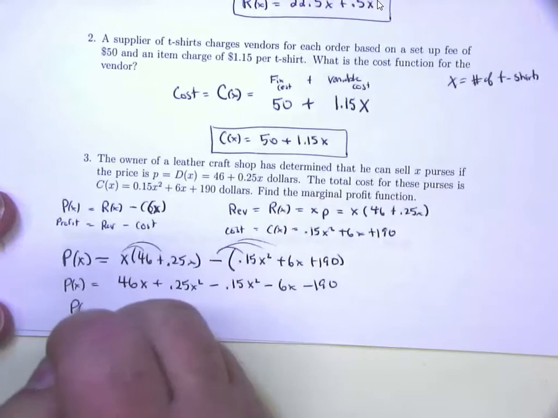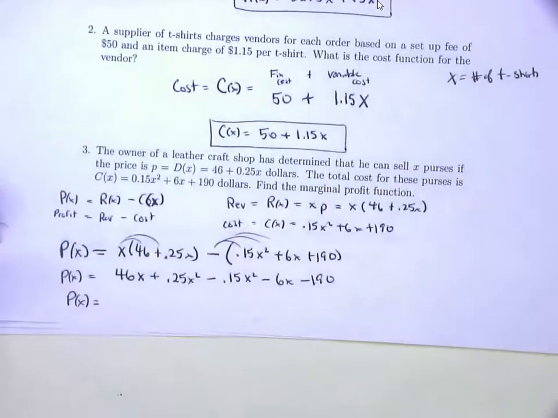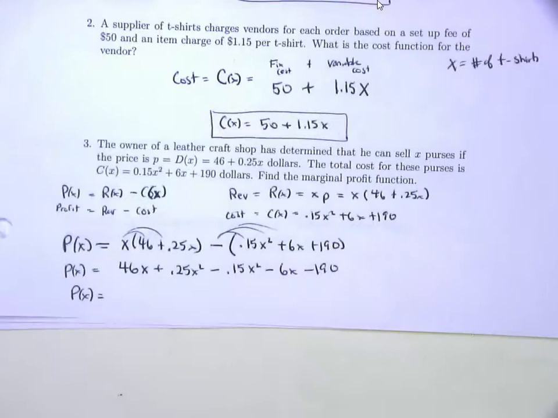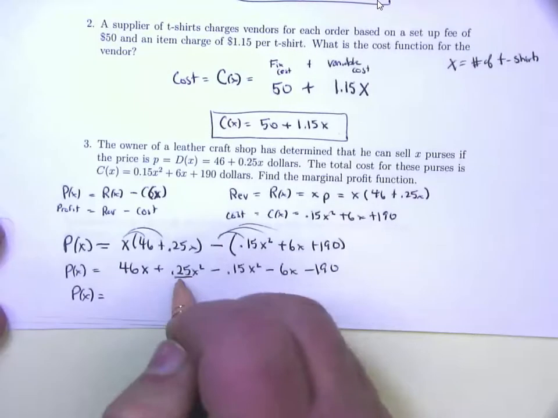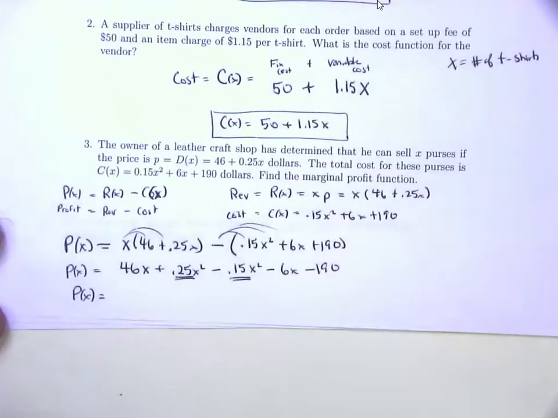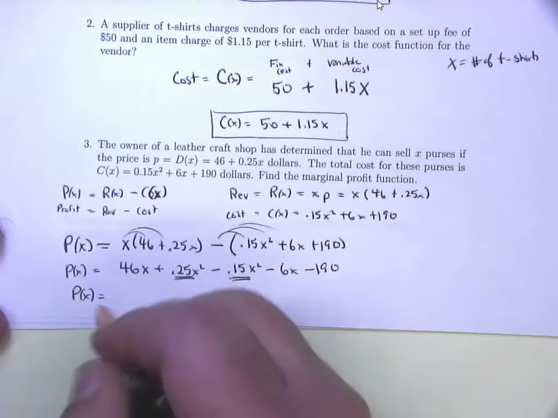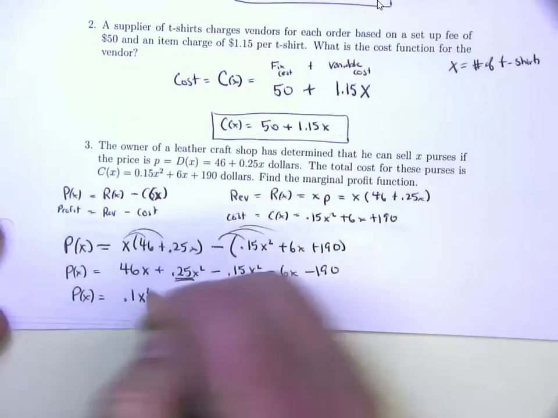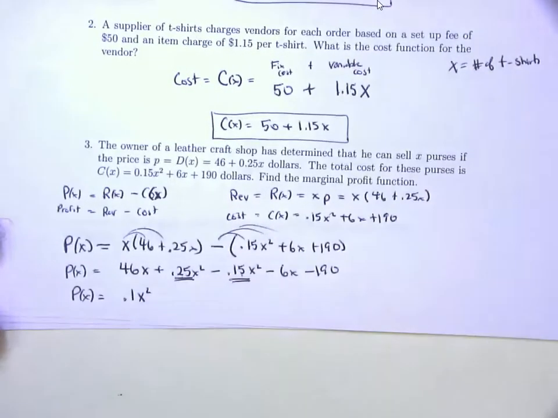So I end up getting the profit equation being equal to, and now I'm going to combine like terms. You notice these are traditional polynomials, so when I combine like terms, I like to go in decreasing order of the powers. Looking at the highest power, x squared, I've got 0.25x squared minus 0.15x squared. What is that? 0.1x squared. 25 minus 15 is 10.